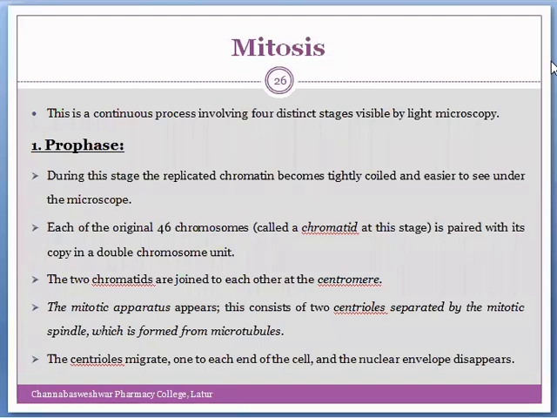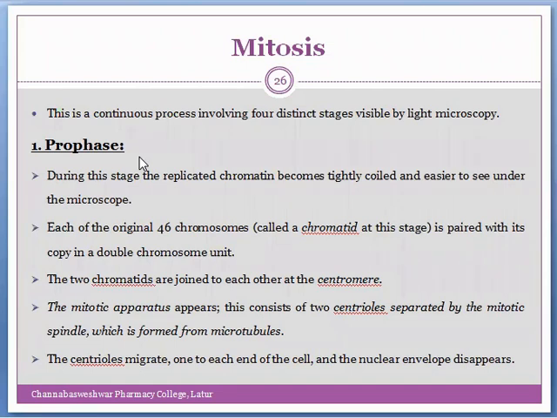The two chromatids are joined to each other at the centromere. So inside the cell, we have centromeres. During the study of the cell, we discussed what a centromere is. So two chromatids are joined to each other at the centromere.